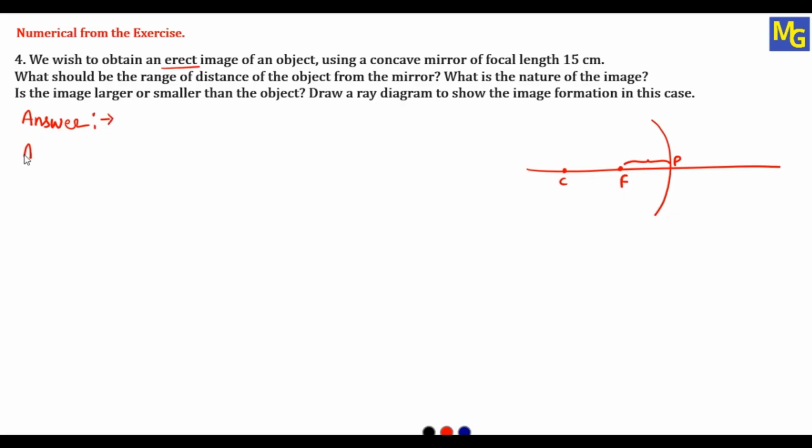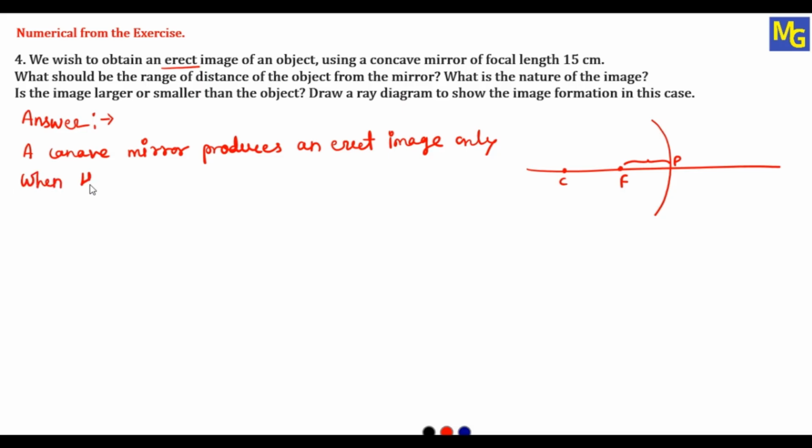So I'll write it here. A concave mirror produces an erect image only when the object is placed, as I told, where we have to keep the object.